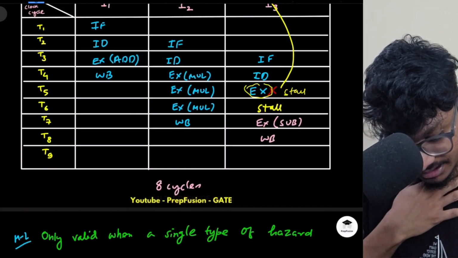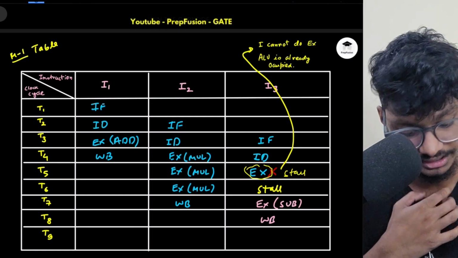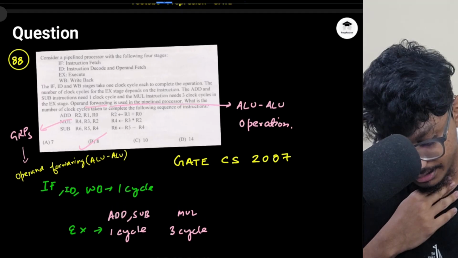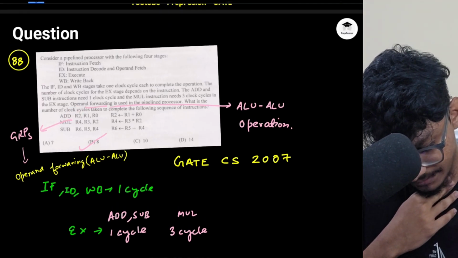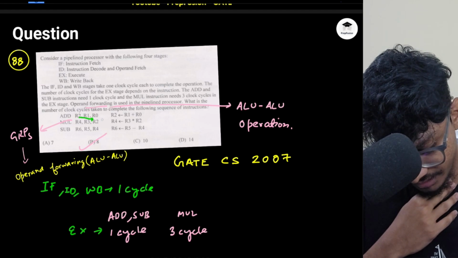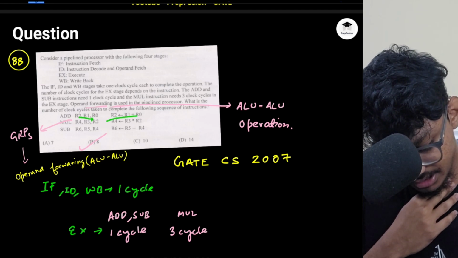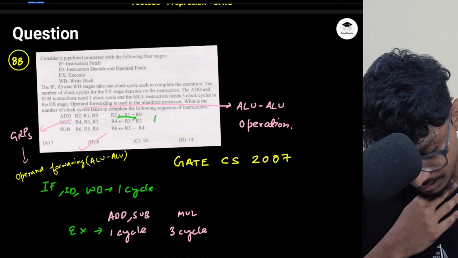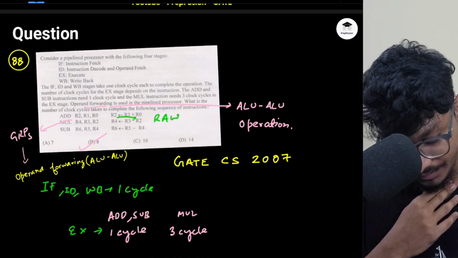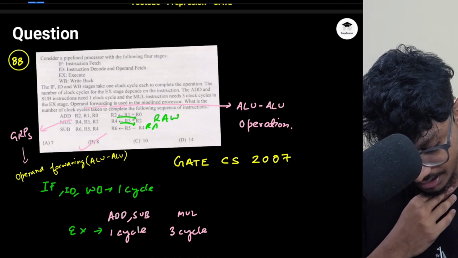Here, another interesting thing: operand forwarding was present. If you observe this R2, I ignored the dependency earlier. This is a read after write type dependency, and this is also a read after write type dependency.